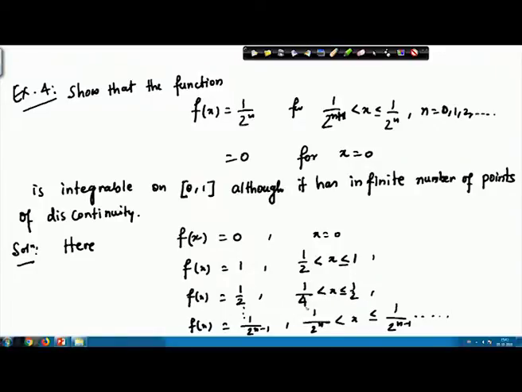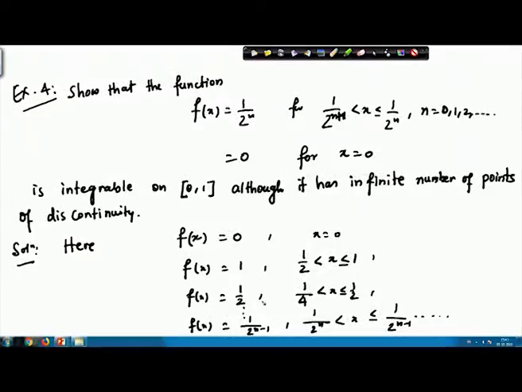When x is between 1 by 4 and half, then f(x) is half, and so on. So, the value is continuously decreasing. The function f is basically monotonic.